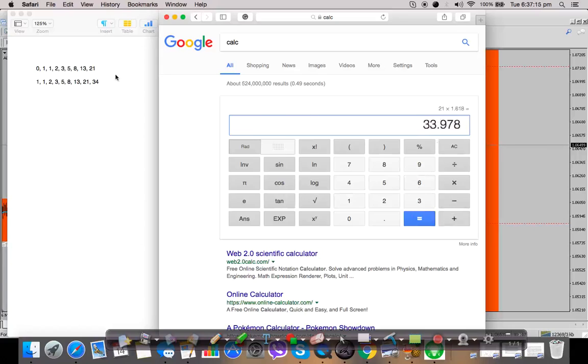Now, the golden ratio, the Fibonacci number 1.618, actually extends out to 15 decimal points. So if we had the 15 decimal points, that would come out to give us 34. Right now, with just 3 decimal points, we've got 33.978, right?